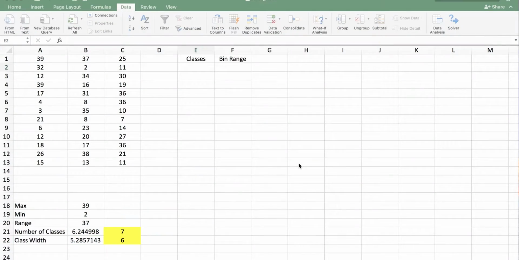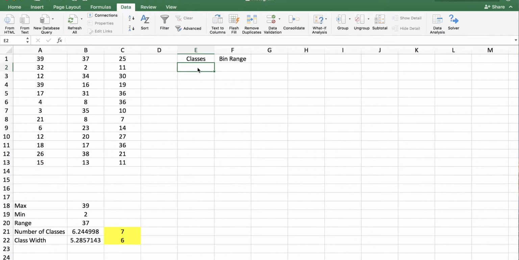Okay. So after identifying the number of classes, the class width, and the minimum and the maximum values in the dataset, we can start listing our classes, okay? So since I identified the minimum value to be 2 and the maximum to be 39, I need to make sure that all of these values are included in my classes, okay?